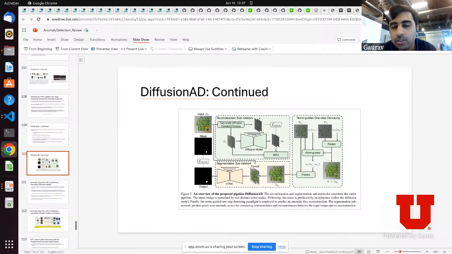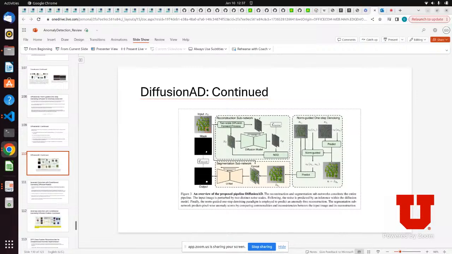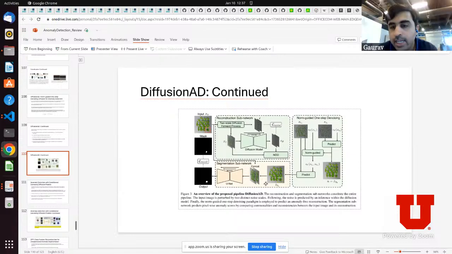That means you must encourage your diffusion model to reconstruct an image which is a little bit different from the original image, right? And those differences should indicate the anomaly part. Yes, that's encouraged by the norm guided one-step denoising process, basically, coming from the trained diffusion model.